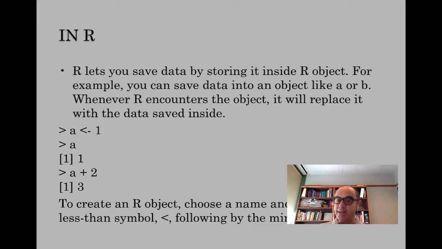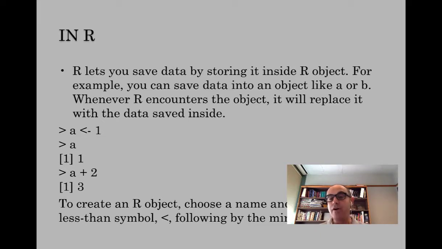The first line is A, and I will give the A object some value. In this case, the A value will be 1. So if I ask R what is the value of A, it will give me the answer 1. But in this case, I can add to it, for example, +2.